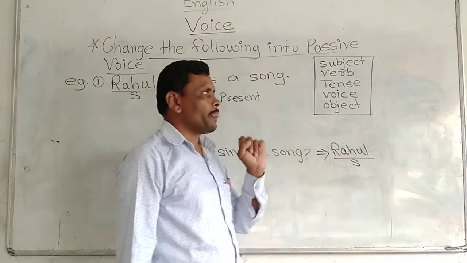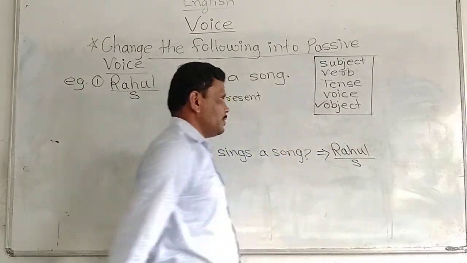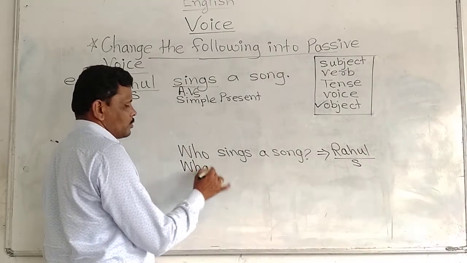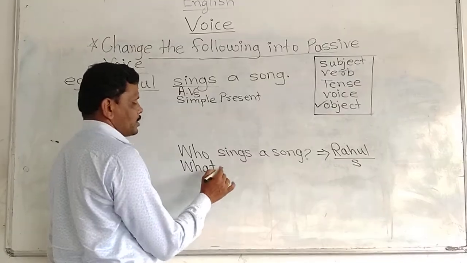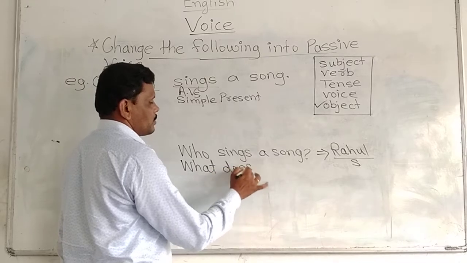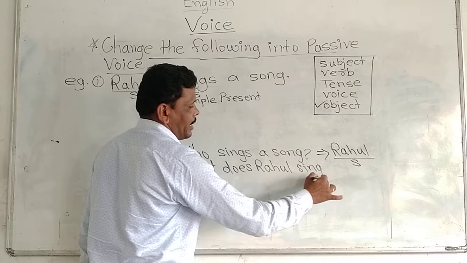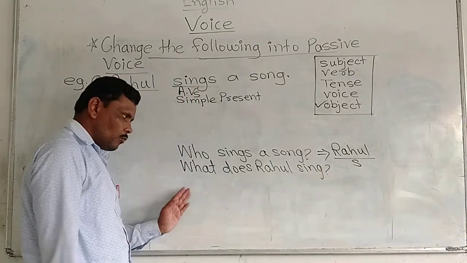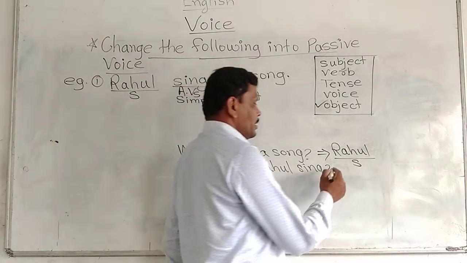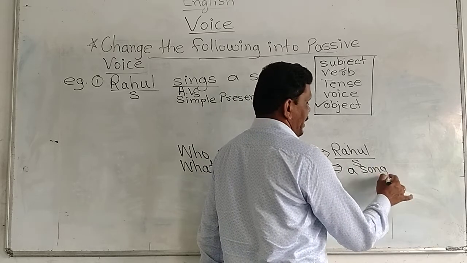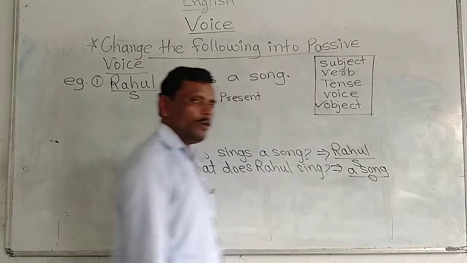Then we have to find out the object. While finding the object, we have to ask a question with what to the main verb. What does Rahul sing? Its answer is a song, and a song is the object.